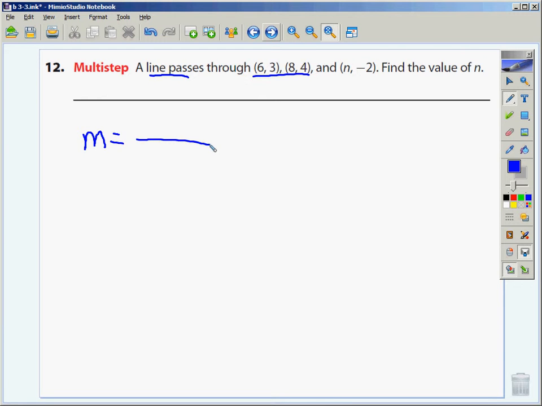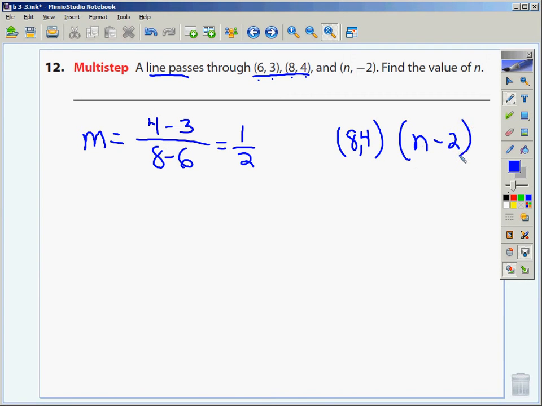So, if I want to calculate the slope from those 2 points, y2 minus y1, 4 minus 3, over 8 minus 6. The slope is what? 1/2. Because it's a line, I can take any of the ordered pairs and they should have then the same slope, right?